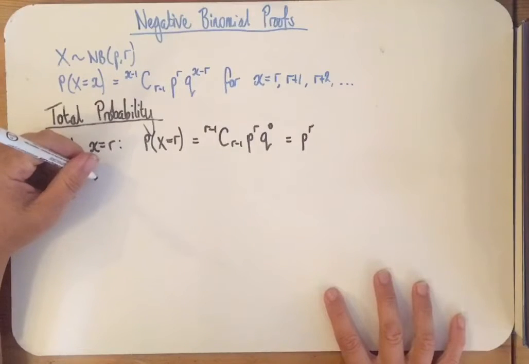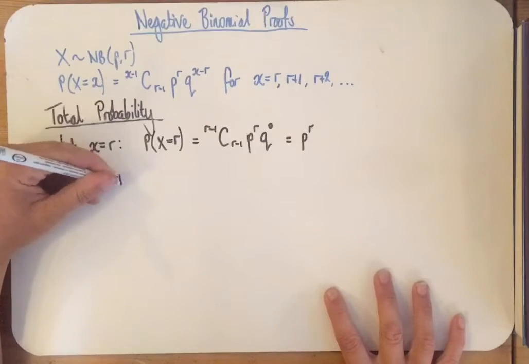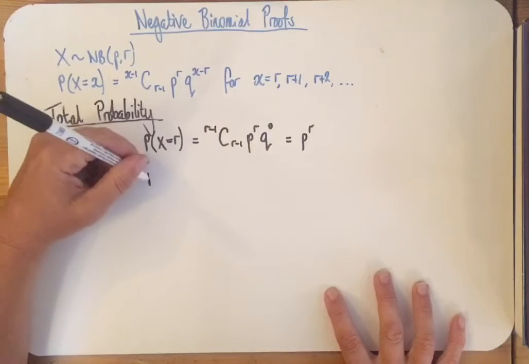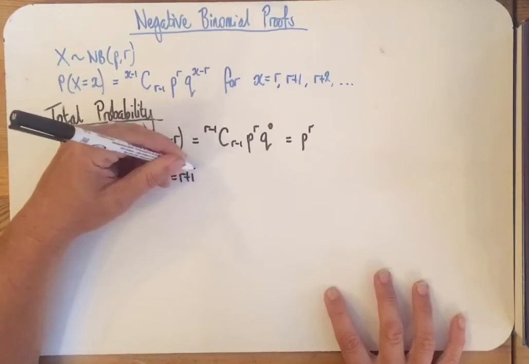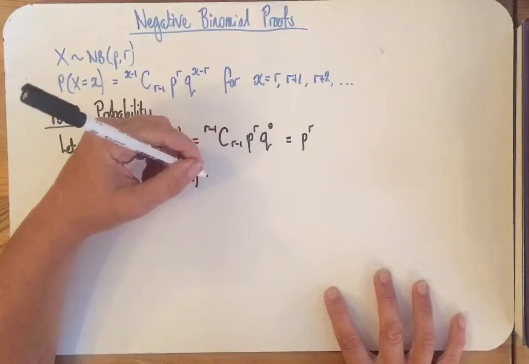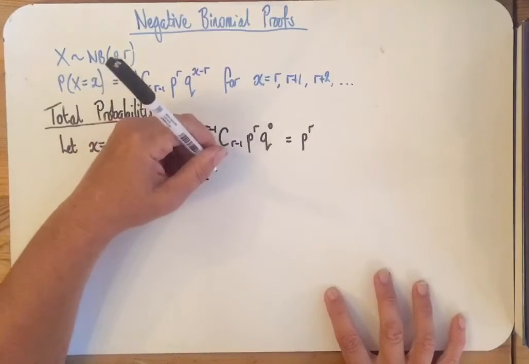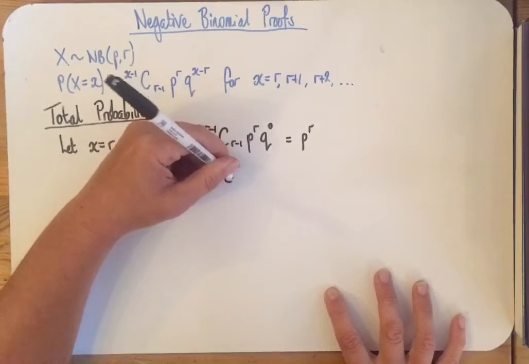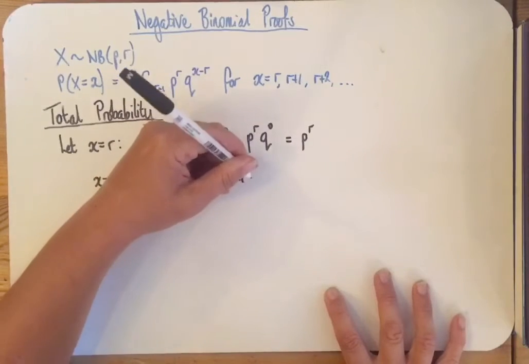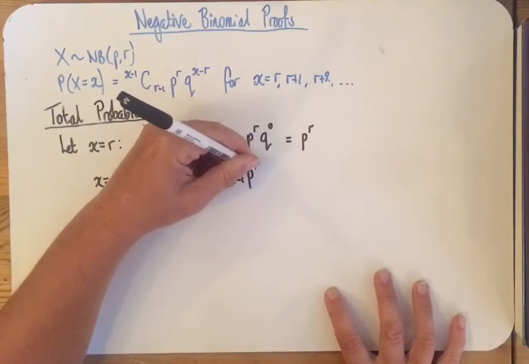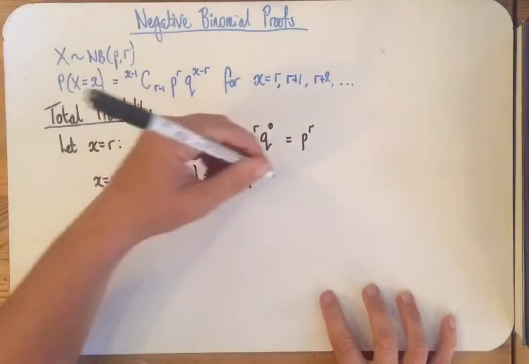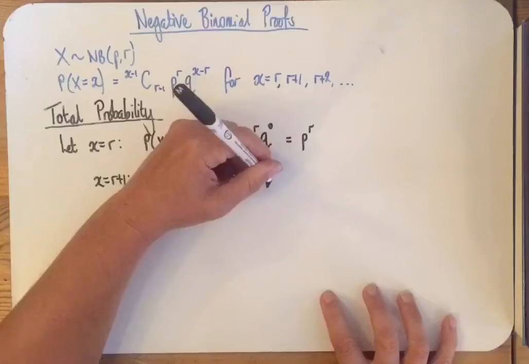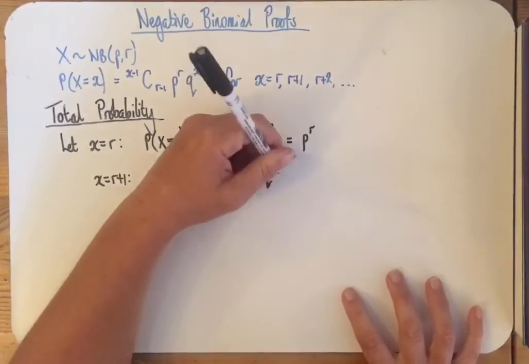If I now let x equal r plus 1 and find the probability that x equals r plus 1, then plugging into the formula, you get r choose r minus 1, p to the r, and then r plus 1 minus r gives you q to the power 1, which is q.